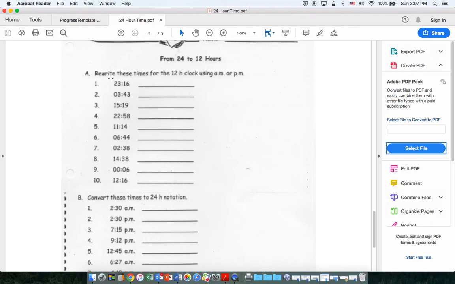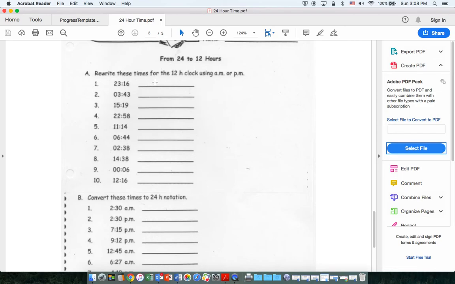My next question would be, well, the minutes don't change, so it's going to be something 16 p.m. So I don't need to do anything with the minutes. The hours, however, are a bit confusing here. Remember, if you take the 24-hour time and subtract 12, you should get the corresponding 12-hour time. So 23 take away 12 is 11. So this is 11:16 p.m.